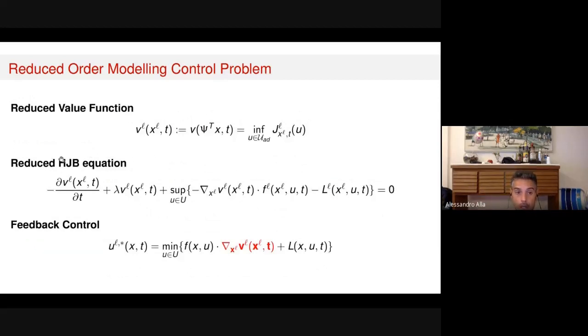Now, what is the difference here? Formally, there is no difference. The huge actual difference is the dimension of the problem. So now the dimension of this PDE is L, and it's not the same dimension as the original problem. So we get a reduction in terms of dimension, which is actually helpful in order to approximate this problem.